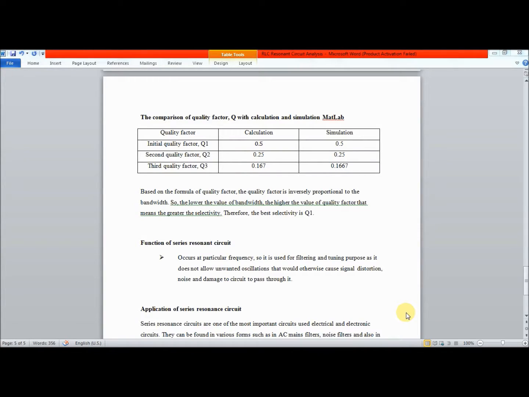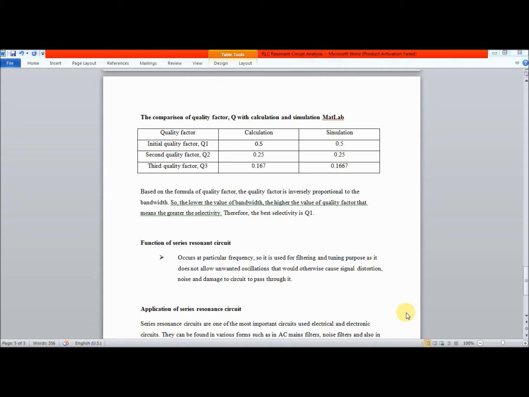For the comparison of quality factor Q with calculation and simulation of MATLAB, this is our quality factor, where we have the initial quality factor Q1, second quality factor Q2, and third quality factor Q3. We have a comparison of calculation value and simulation value.